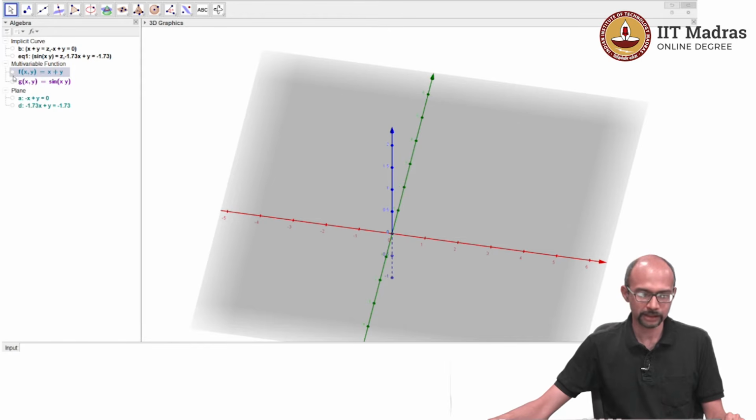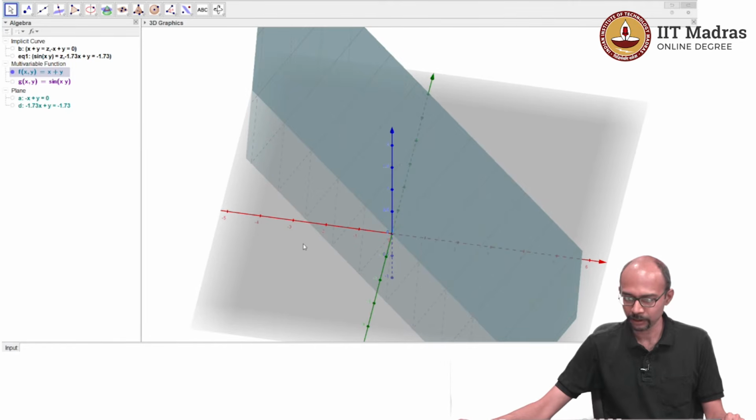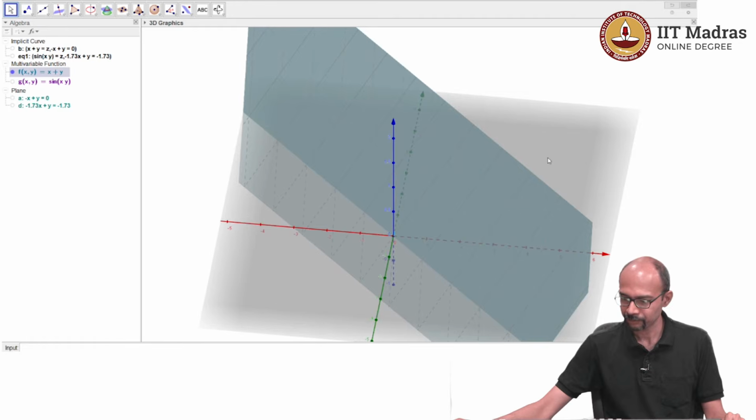So, let us look at the first example, which was f of x y is x plus y. So, here is the graph of f of x y is x plus y. So, the red line is the x axis, the green line is the y axis, and here is how that graph looks like.